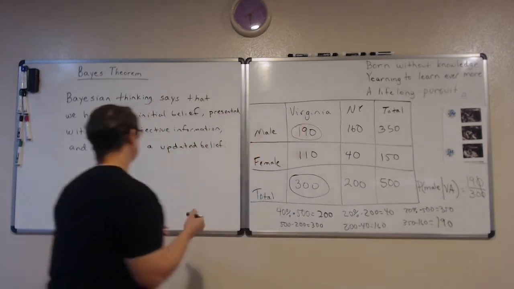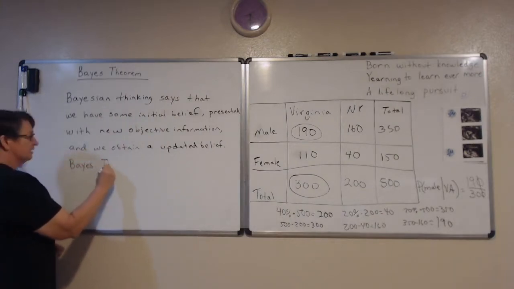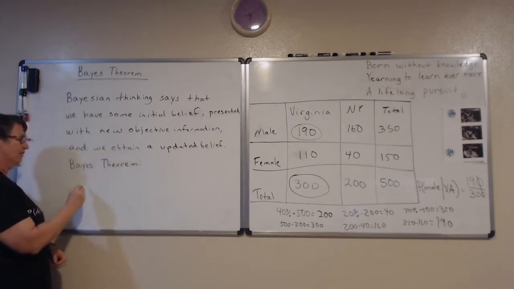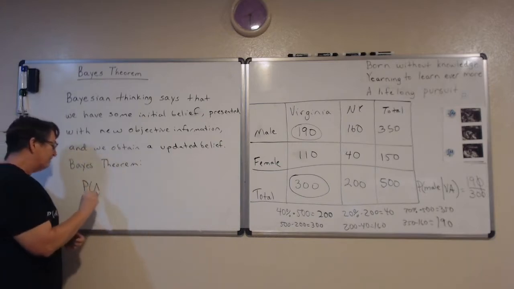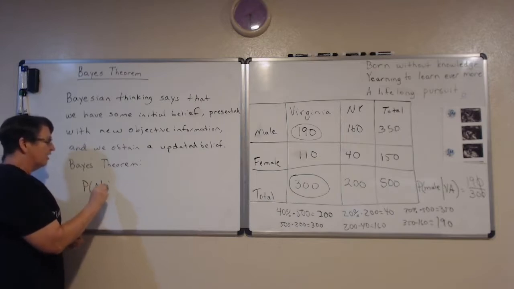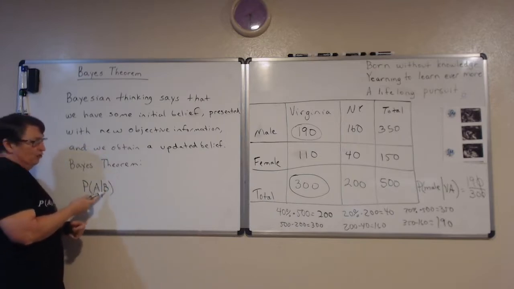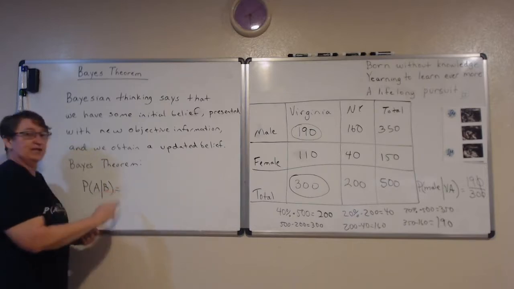So I'm going to give you now the actual formula. So here's Bayes' formula, or Bayes' theorem. Here's the formula that goes along with it. It says, when I have the probability of some event given I know another thing, in other words, they're male and I know they're from Virginia, it's just that conditional probability.